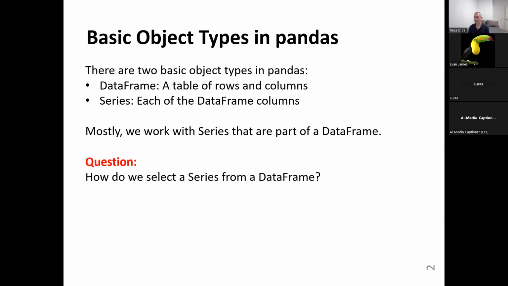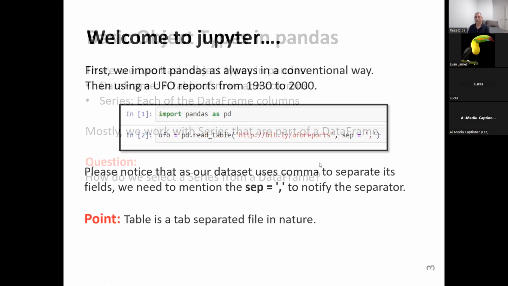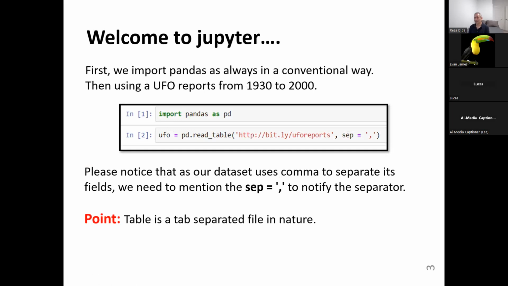So the question is, how do we select those columns from a data frame? Let's go and fetch a data set from our bit.ly source, and that is bit.ly/UFO reports, and please use sep equal to comma.